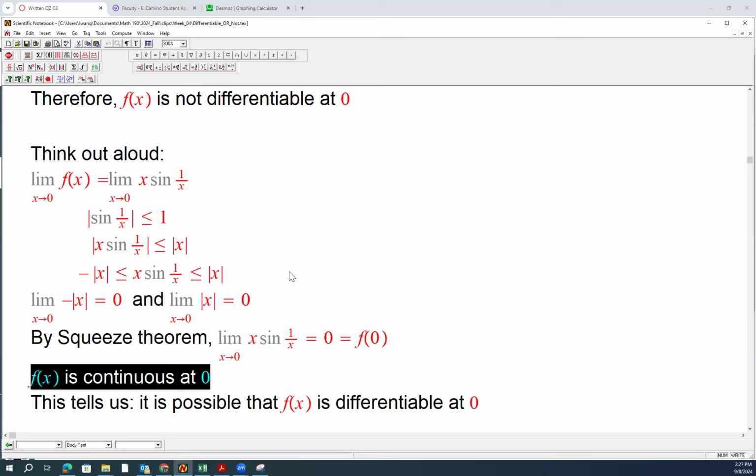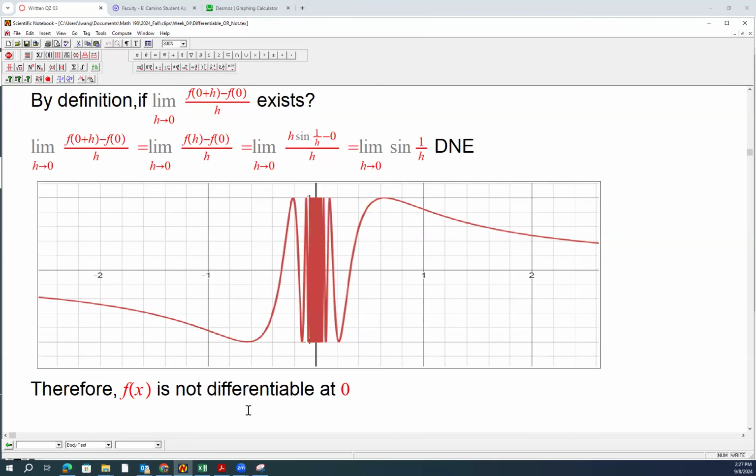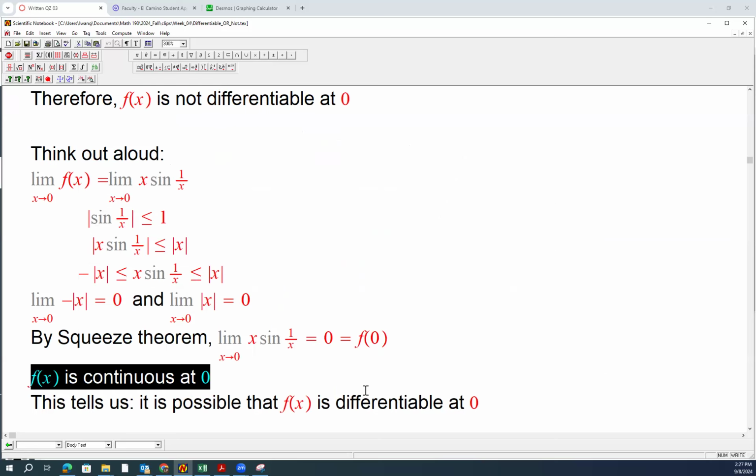And in that case, do I need to show this part of the work to the reader? The answer is absolutely not. It's not necessary. Even though you did the work, this work is not useful for proving it's not differentiable at zero, so you don't need to use it.